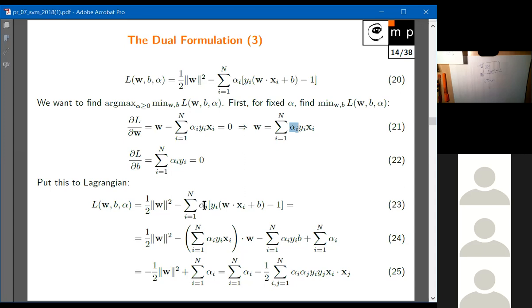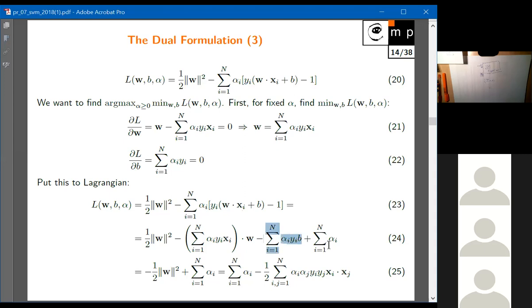So the sum of alpha y xi w is the first part here, and this is the formula which involves B. Now we can take B out of the sum, and that means that this term will be 0.